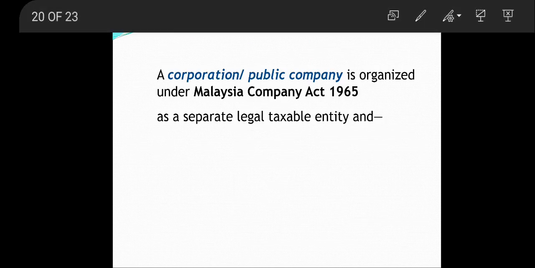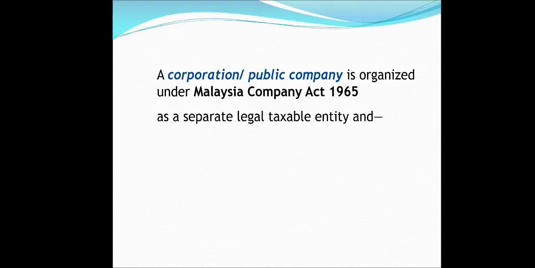Okay, now we see the third type of business. The third type of business is called company. The simple definition of a company is a business owned by shareholders.